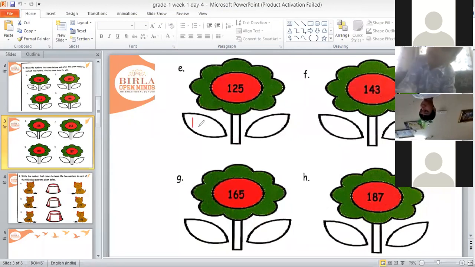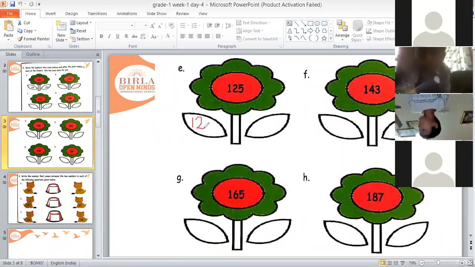No. 124. Yeah. 124 comes just before 125. And now what comes just after 125? 126. That's the correct answer. Very good, Ketan.